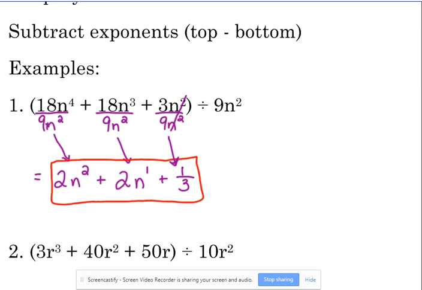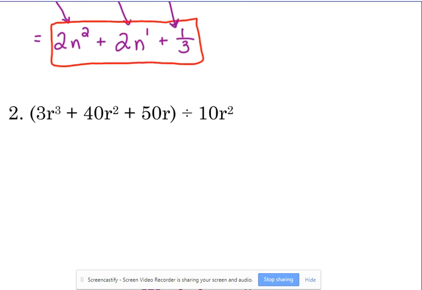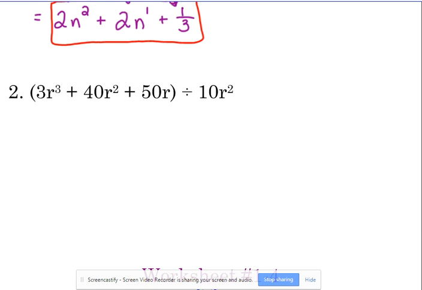Okay, let's do another one. 3r cubed plus 40r squared plus 50r divided by 10r squared. Like I said, go through and put 10r squared under each and every term. 3 divided by 10 doesn't divide evenly, doesn't reduce either, so we're just going to bring it down, 3 over 10. r cubed over r squared is r.